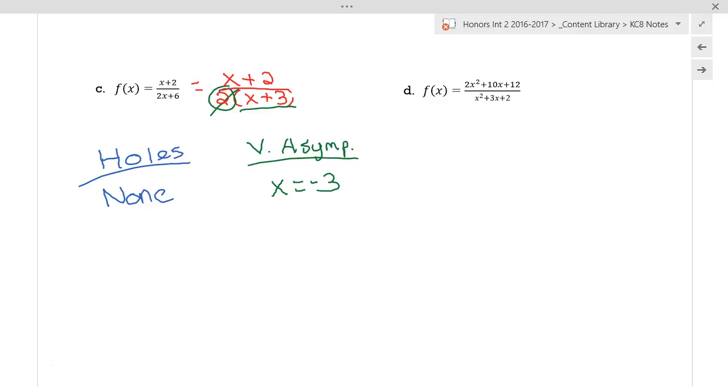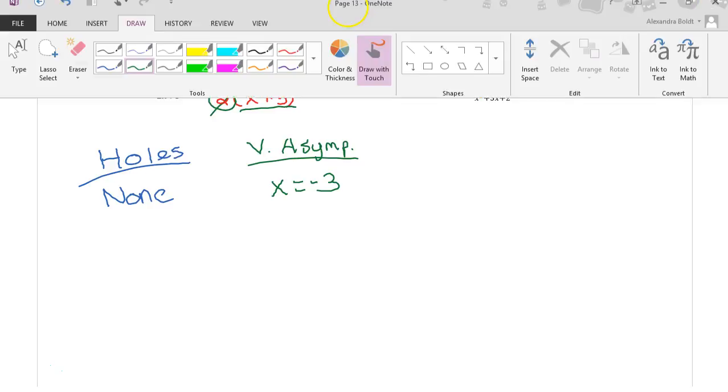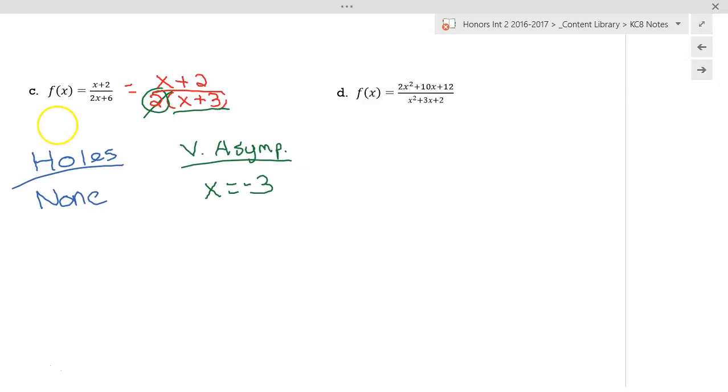Alright, looking at D, finally, our last one. I'm going to start by factoring. If I look, 2x squared plus 10x plus 12 has the greatest common factor of 2. For the bottom, I'm just going to start by factoring the trinomial, so that's x plus 2, x plus 1.